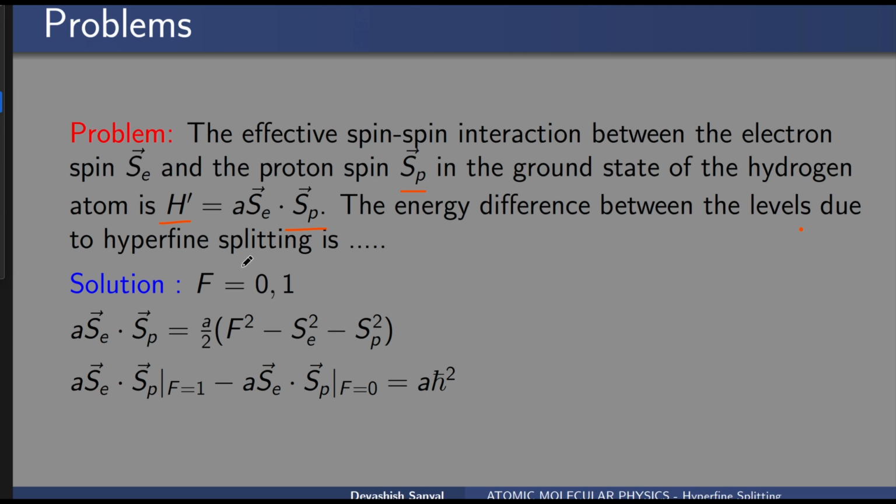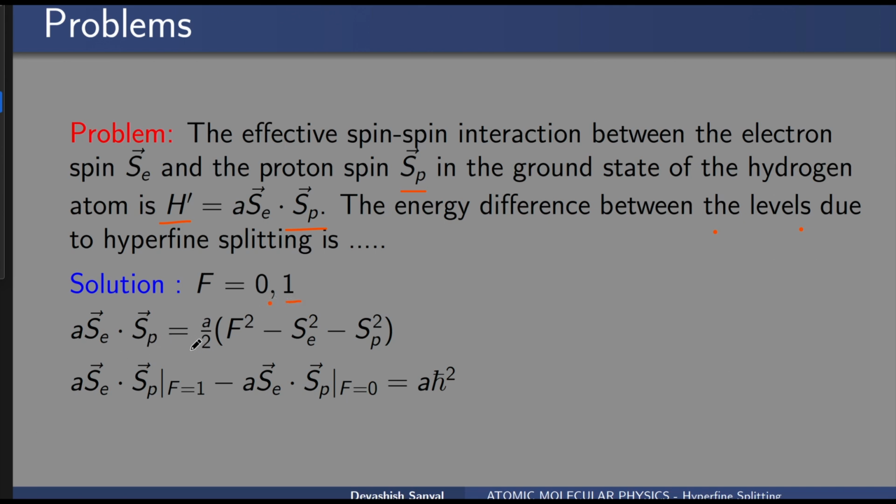Because of this interaction H prime, the ground state will be split into two levels. Here F means the total angular momentum including the spin. We are considering spin here, spin of the nucleus. So it will be 0 and 1.